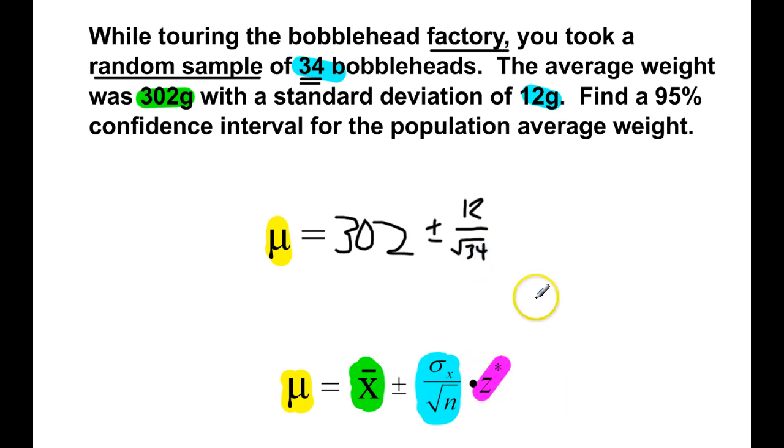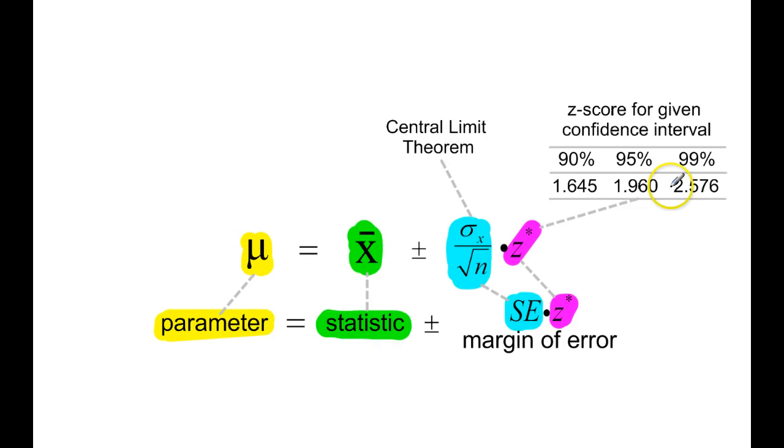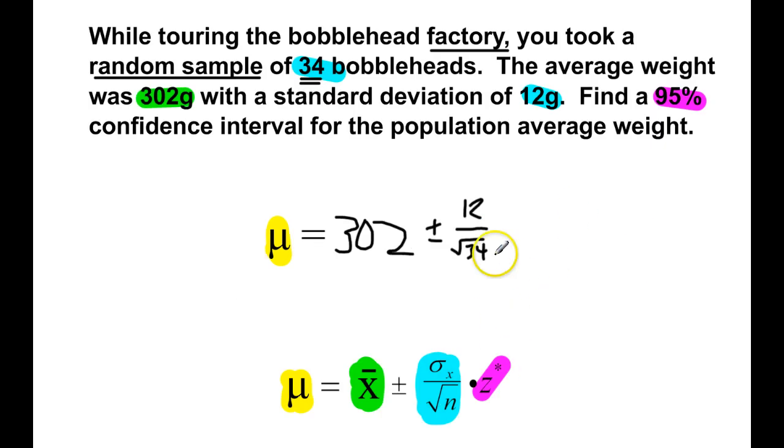And then we have to multiply by z star, and that depends on how confident we want to be, which in this case, at 95%, we can peek back at our chart, and we'll see that that's going to be 1.96. So if we plug in times 1.96 here, we will have our full margin of error statement.